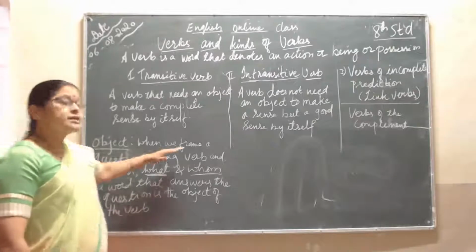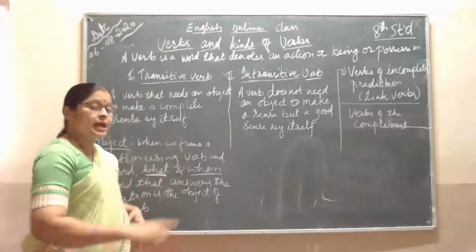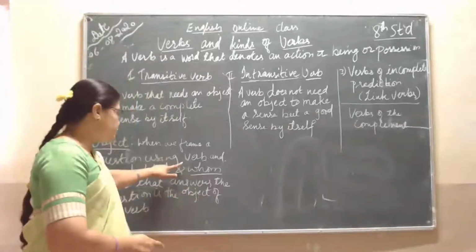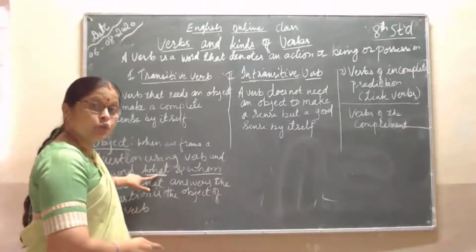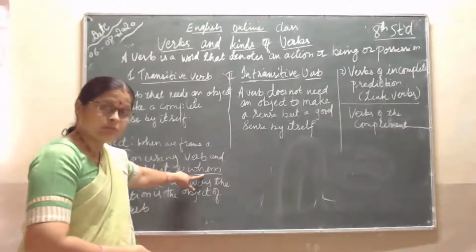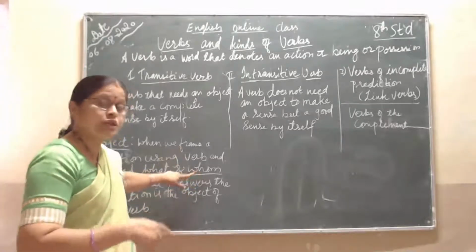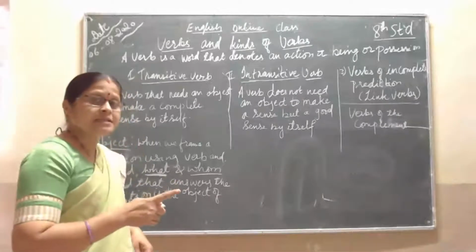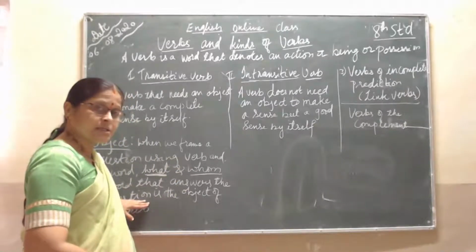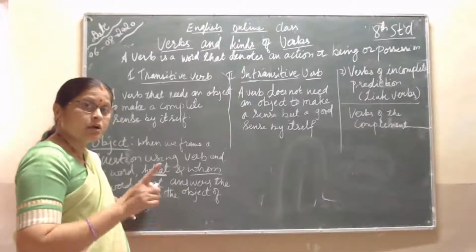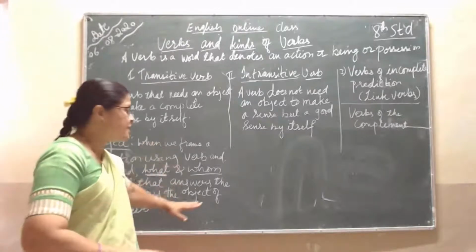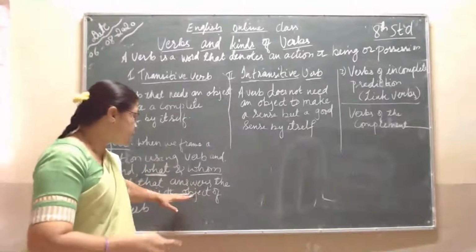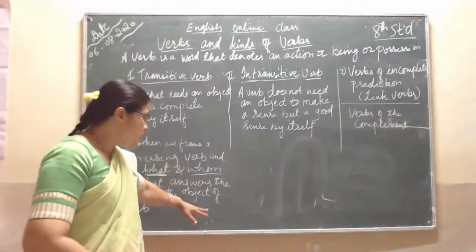Okay, what is an object? When we frame a question using the verb and the words what and whom, we will immediately get an answer in the form of an object. The answer itself is the object here. What is the answer you get after framing a question using what and whom?